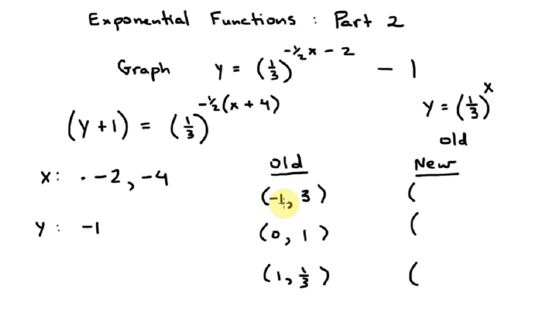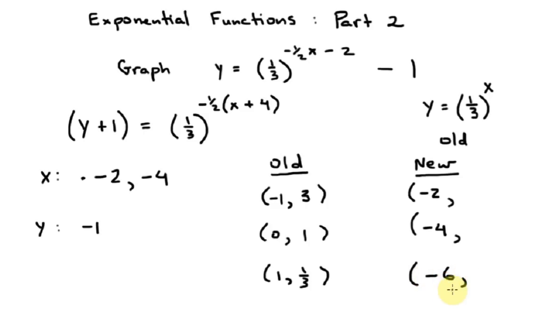So negative 1 times negative 2 is 2, and then I minus 4, so 2 minus 4 is negative 2. Then 0 times negative 2 is still 0, and then I minus 4, so that's negative 4. Then I put in the 1. 1 times negative 2 is negative 2, and then minus 4 makes negative 6.